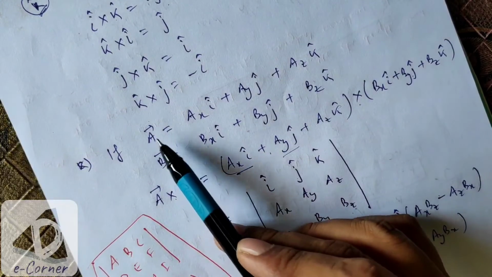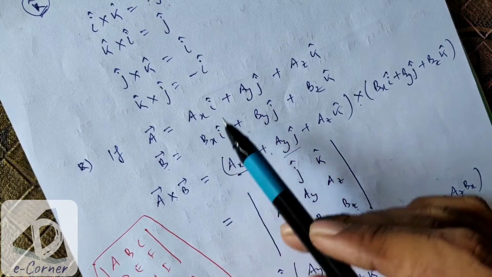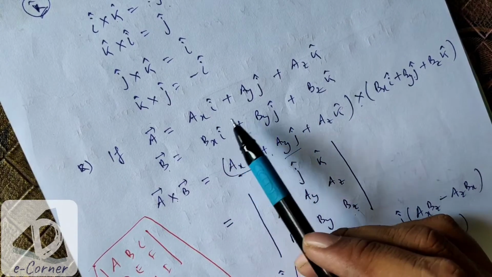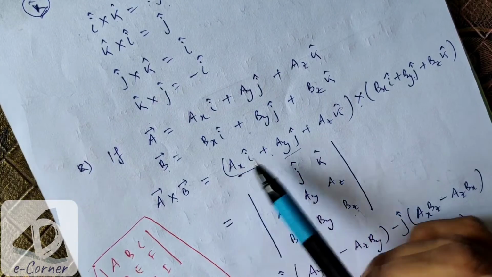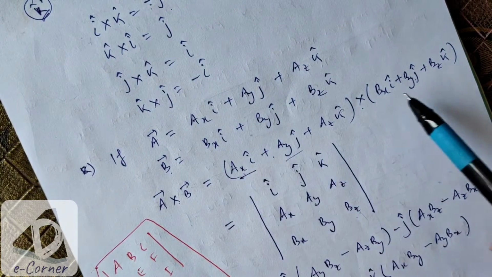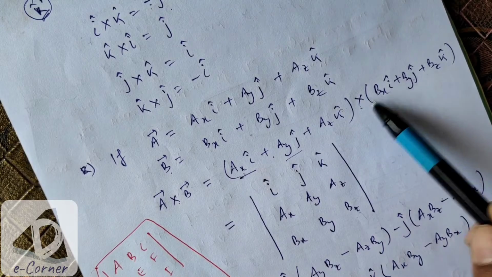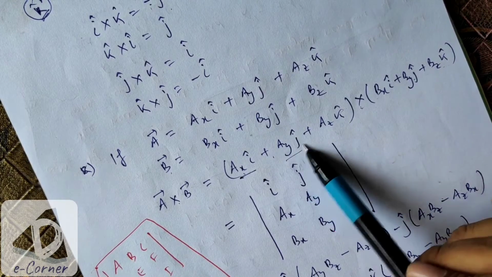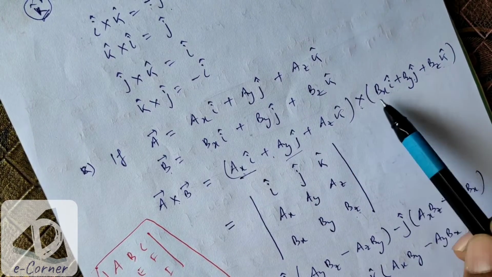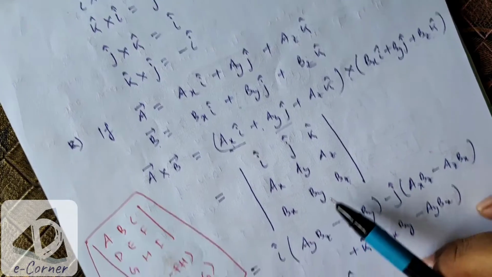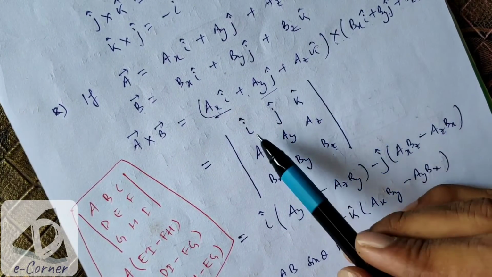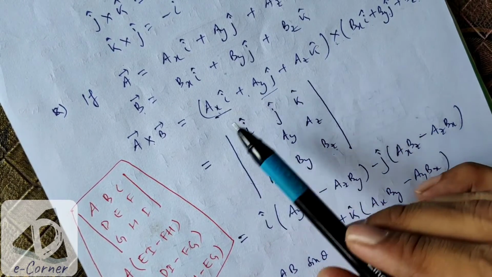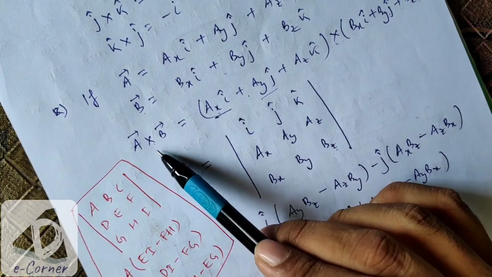Next, if vector A and vector B are given in the Cartesian coordinate system, what should be the value of A cross B? As with the scalar product, we do the vector product of A cross B term by term: one term with the total, again the next term with the total, and so on. This is one of the easy methods, the determinant method of the vector product.